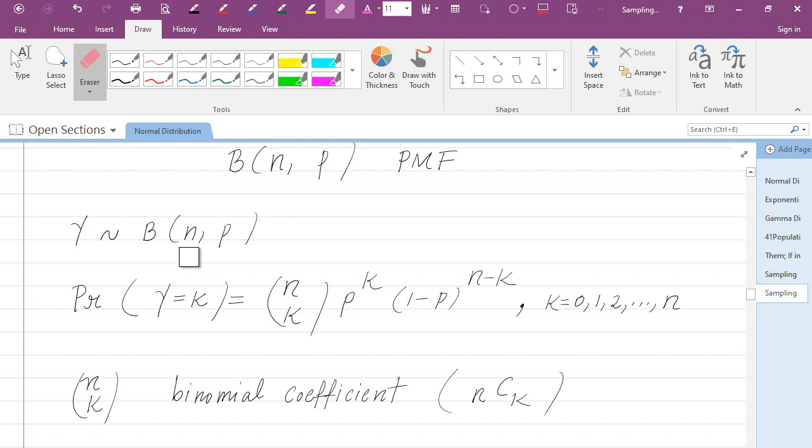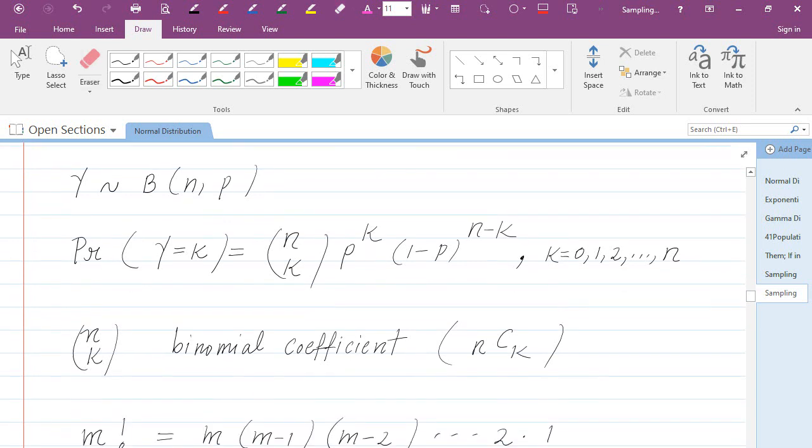If I have an assembly line where some products are coming out, let's say laptops, then I check each laptop for whether it has a defect or no defect. So each trial is observing whether a laptop has a defect or no defect, and p would be the probability of a defect in that case.